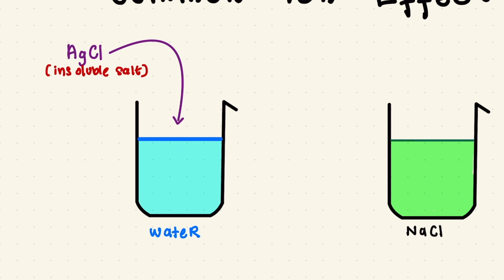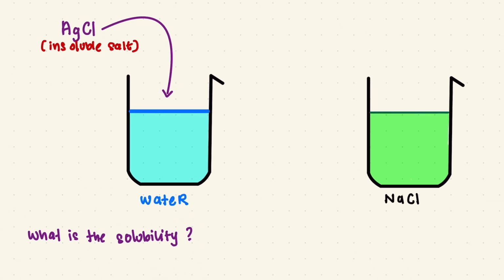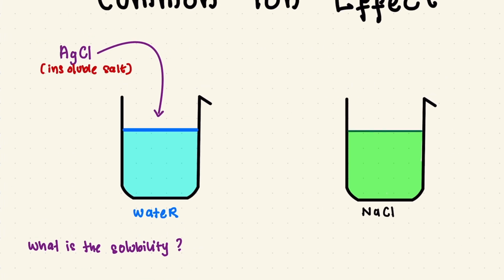And usually the question that we'll ask is, what is the solubility? Okay, this is the question that you have learned how to calculate and to find the solubility in the past few days ago. Okay, so that one is in water.